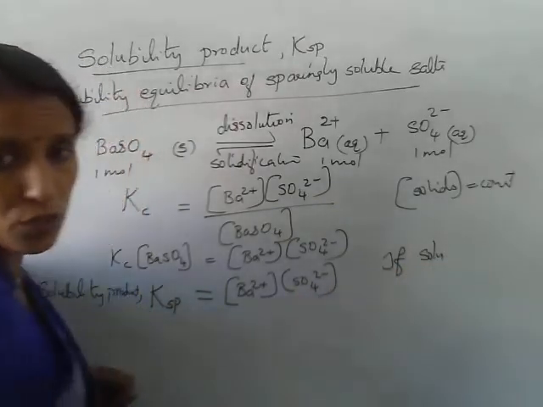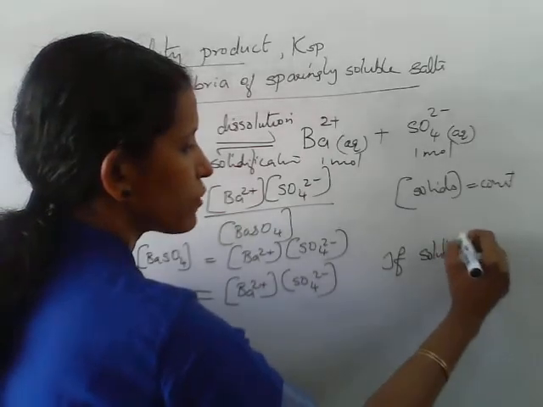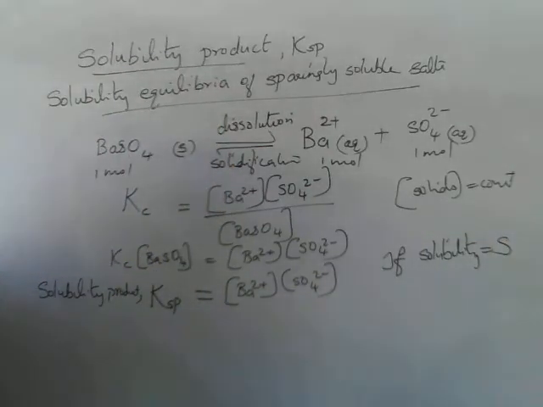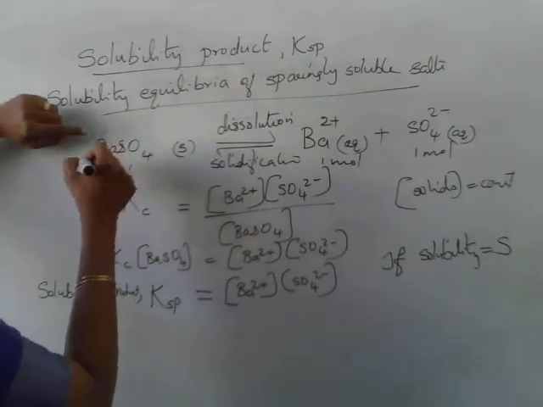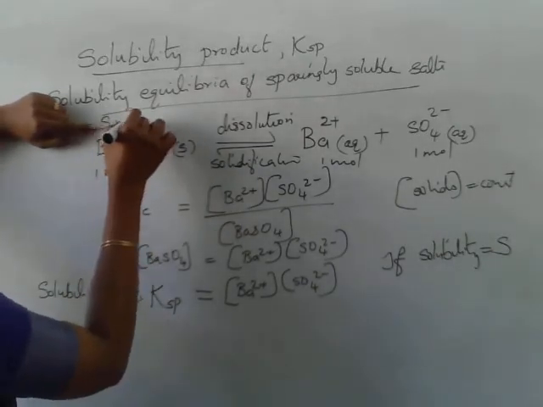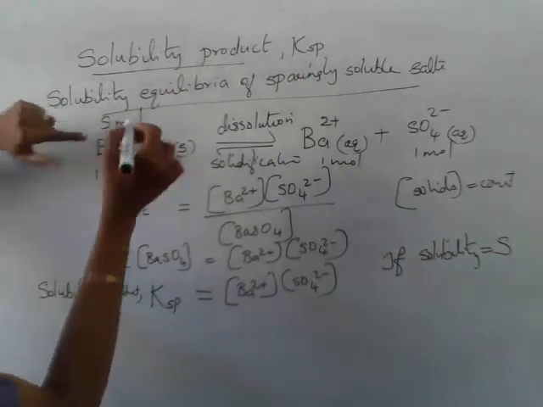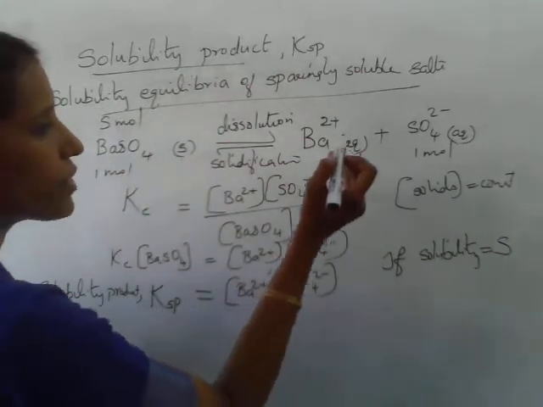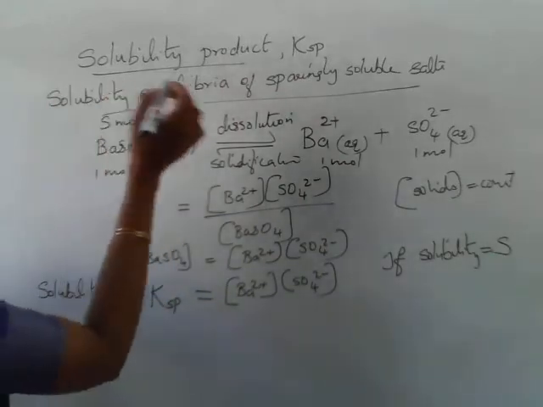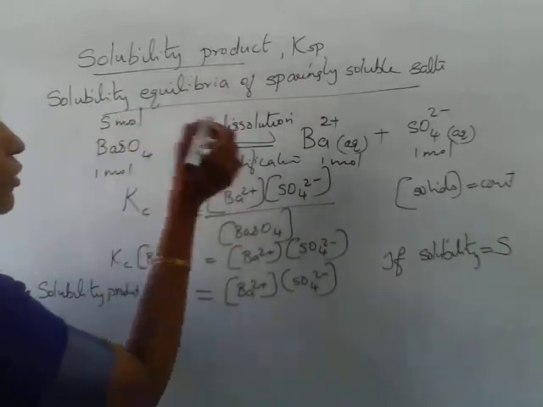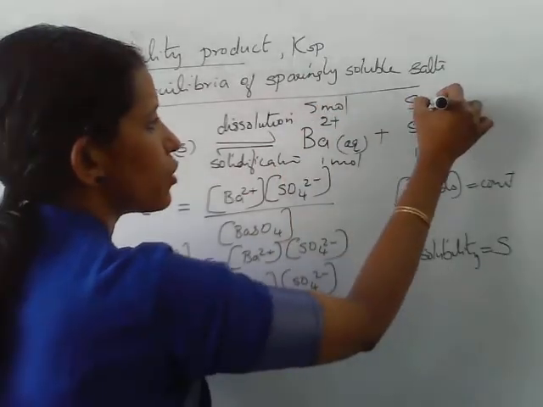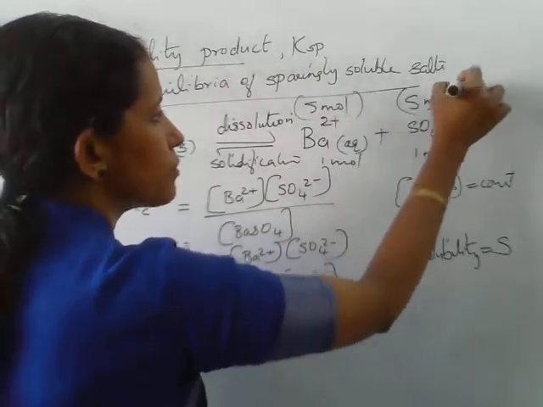If S is the solubility of barium sulfate, that is S mole dissolved, we get how many moles of barium? 1 mole gives 1 mole barium and 1 mole sulfate. That means S mole on dissolution gives S mole barium ions and S mole sulfate ions.